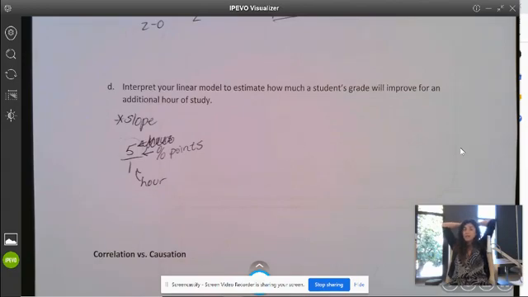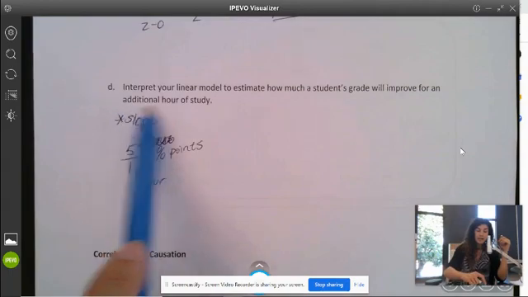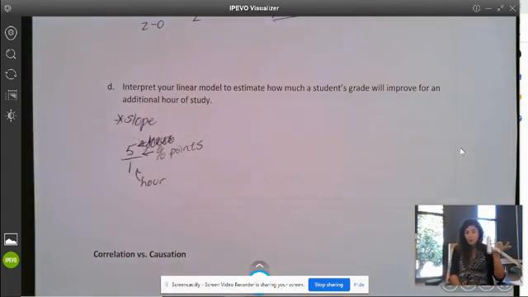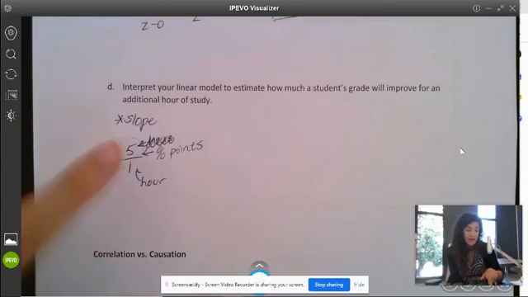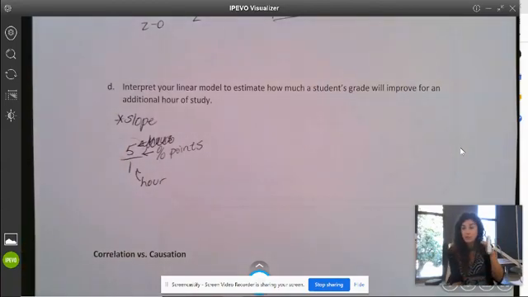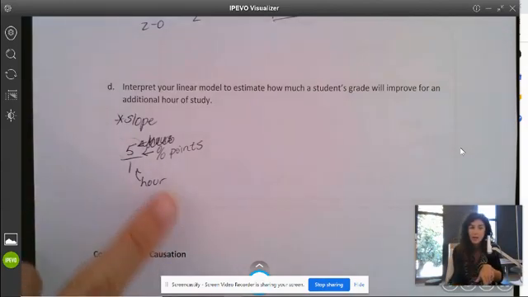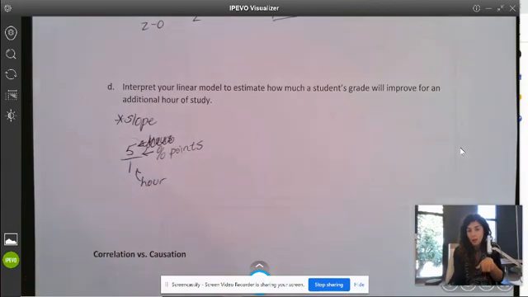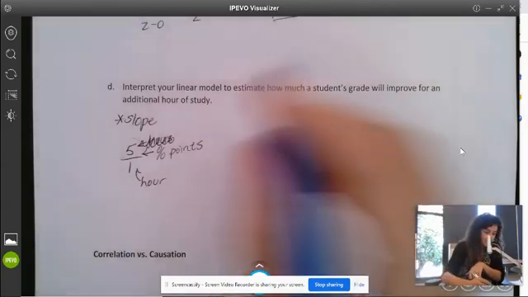And the reason why we wanted it to be a 1 on the bottom is because it said how much per 1 hour of study. So you could do this and then be like, okay, if I study an extra 5 hours, how many more percentage points would I get on this test? That's how you could use that information. In this case, it just asked for 1 additional hour. And so for 1 additional hour, you would predict that you would get an additional 5 points on your test.